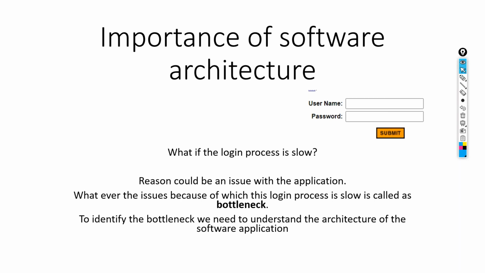As a performance tester, or as a performance engineer, you need to tell them where exactly it's taking time. What is the call, or what is the method that is taking time? That's what you have to tell the application team or the client. In order to get that amount of knowledge, you need to understand the architecture as well. Without knowing the architecture, you cannot say where exactly it is going wrong. So that is the importance of software architecture.